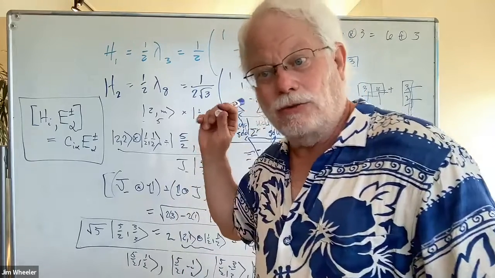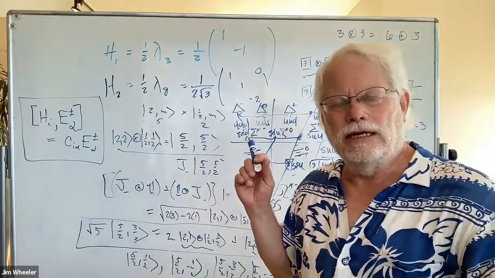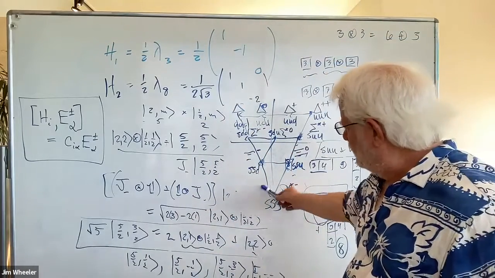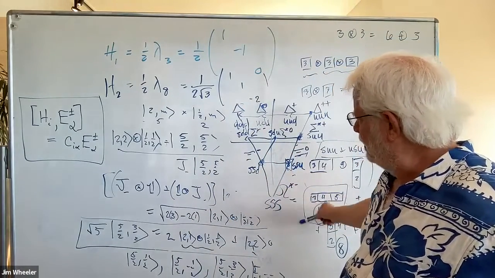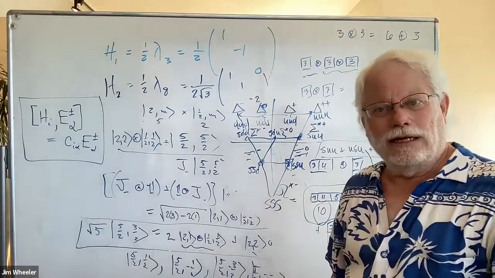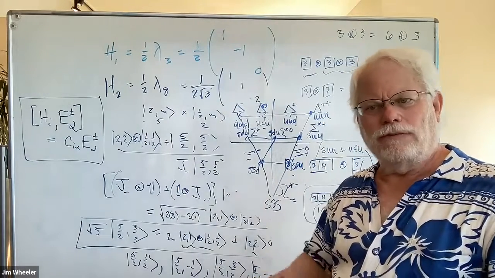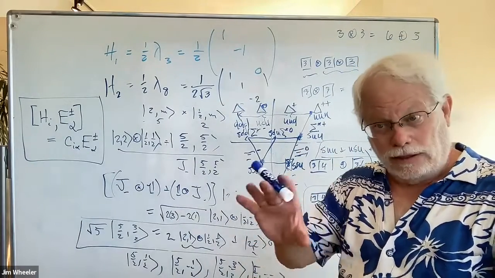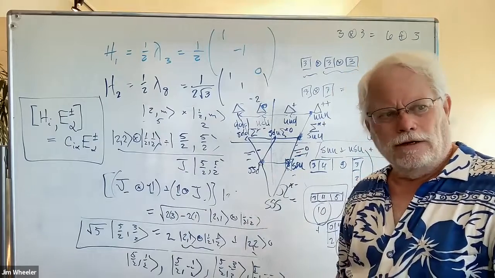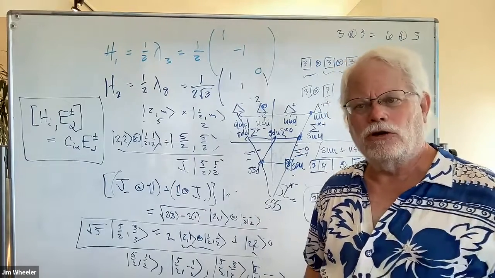The octet is the one that contains the proton and neutron. Seeing this omega star minus in a particle accelerator was a triumph for this model and ultimately the quark model of the fundamental particles.